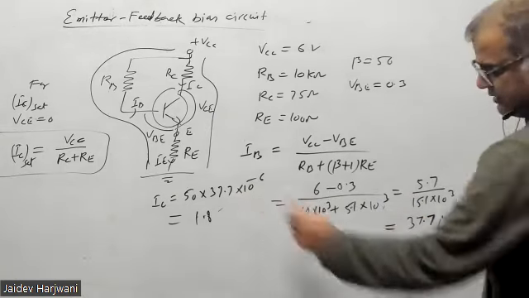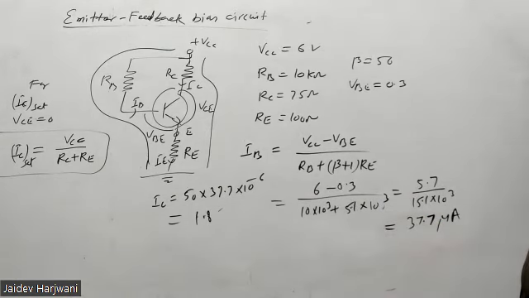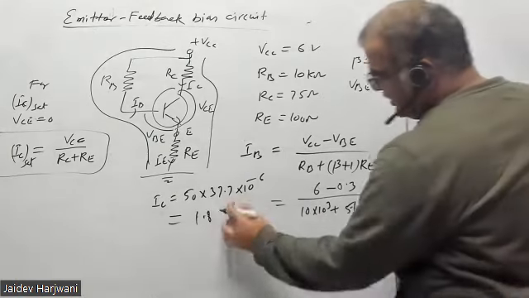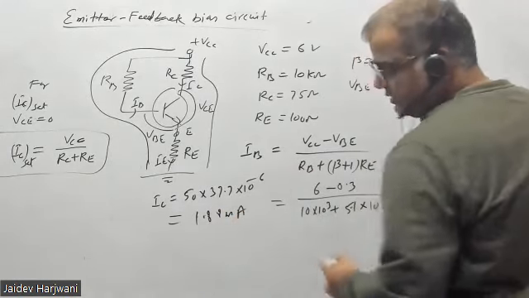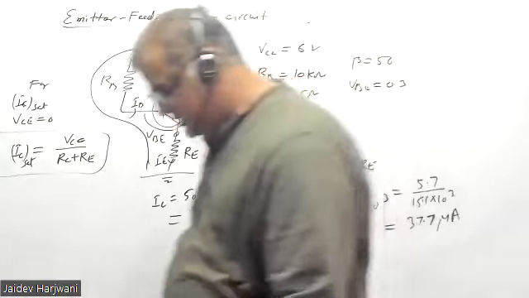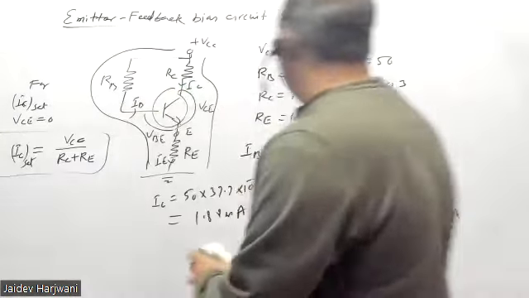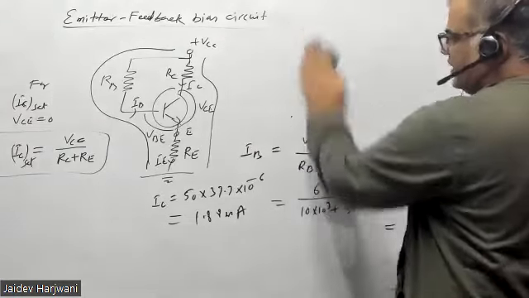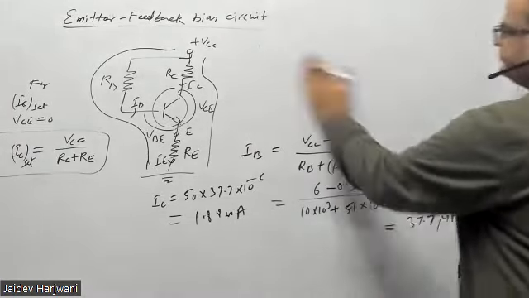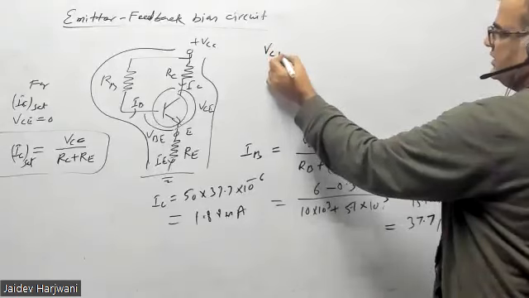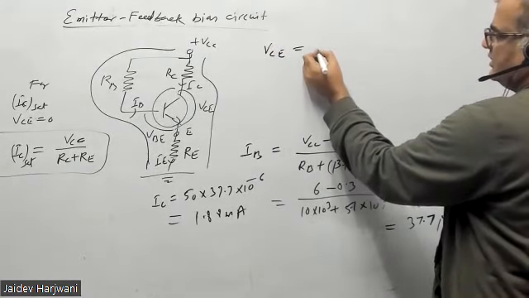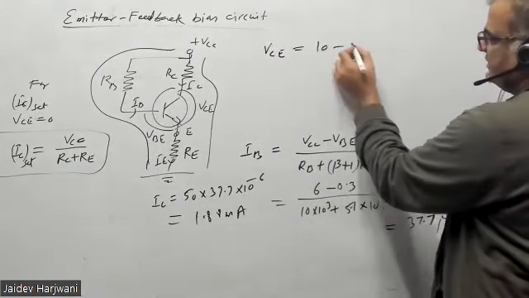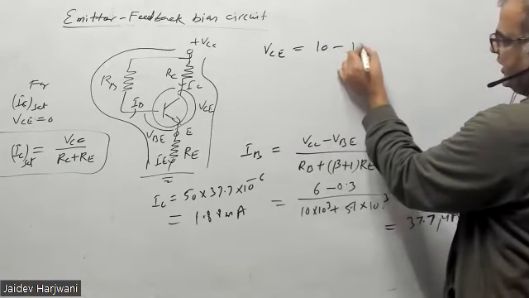And how much is this coming? 1.88 milliampere. Okay. Now just find the IC saturation. Obviously in the circuit IC is less than IC saturation, so it will not change. Now you have to find VCE. VCE will be VCC 6 minus IC, IC value is 1.88.